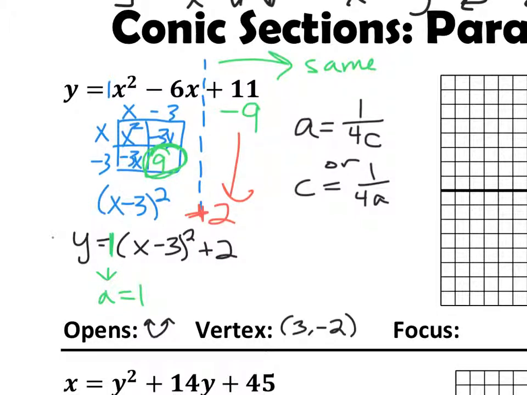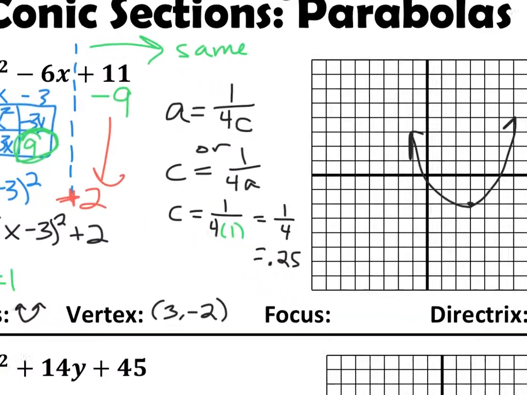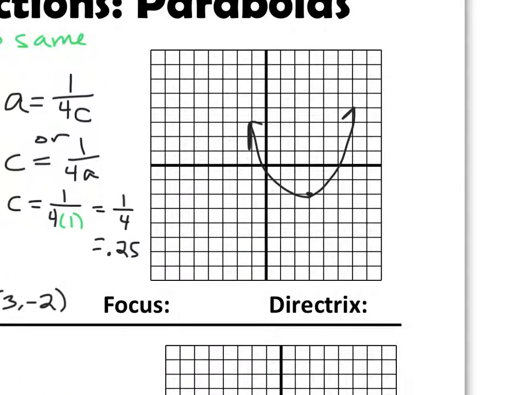So when I substitute in my equation, I get C equals 1 over 4 times 1, which is just 1/4. You'll see 1/4 and 1/8 happen a lot. And it's going to be easier for me to change this to a decimal. So that would be 0.25.